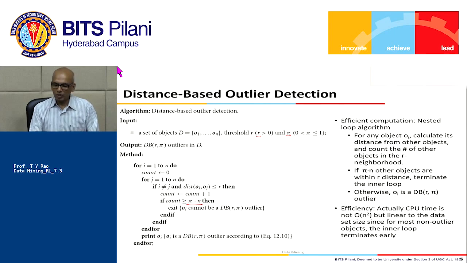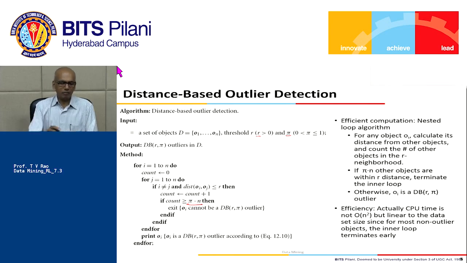The interesting point here is that since outliers are going to be very few, most of the objects are going to meet the threshold, and not only that, they are going to meet it very quickly.